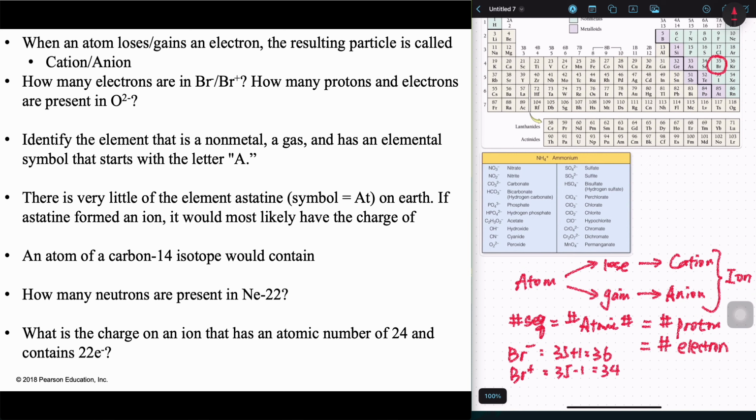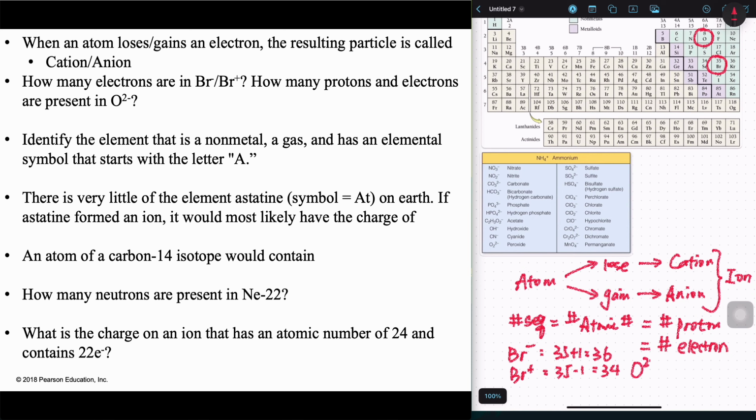Okay, so we are applying the same strategy for finding out the electrons and protons for O2 minus. We know the proton number for oxygen is 8. So that's why the electron number for a neutral oxygen is 8. But here it is asking about O2 minus.